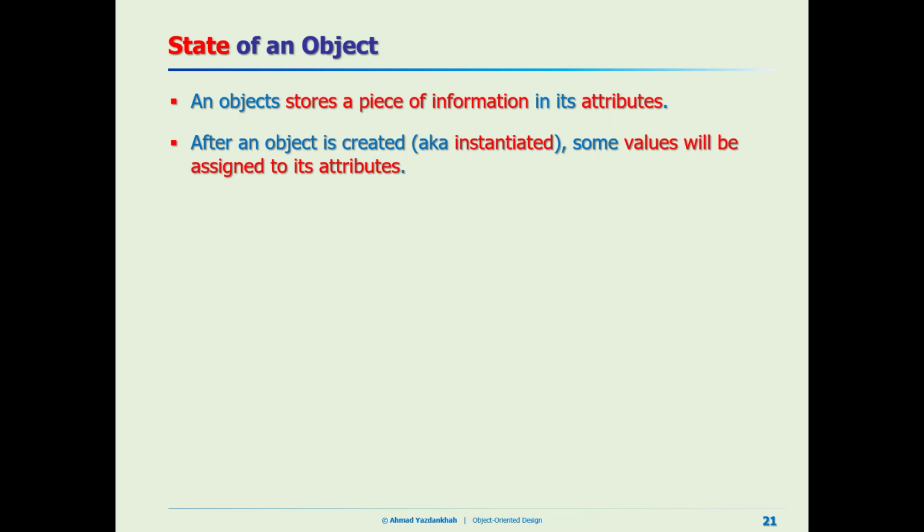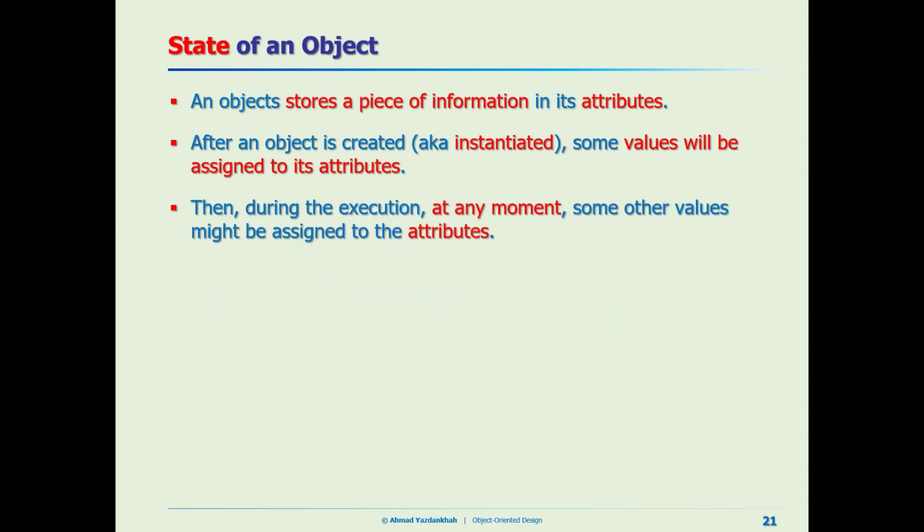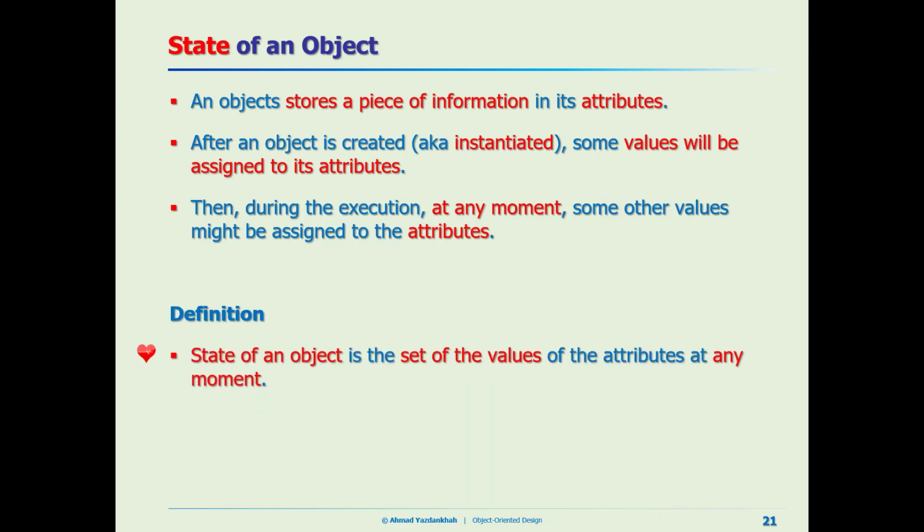So at any moment of runtime, the object has probably different values for its attributes, right? And the combination of these values is called the state of the object. So state of an object is the set of the values of the attributes at any moment.